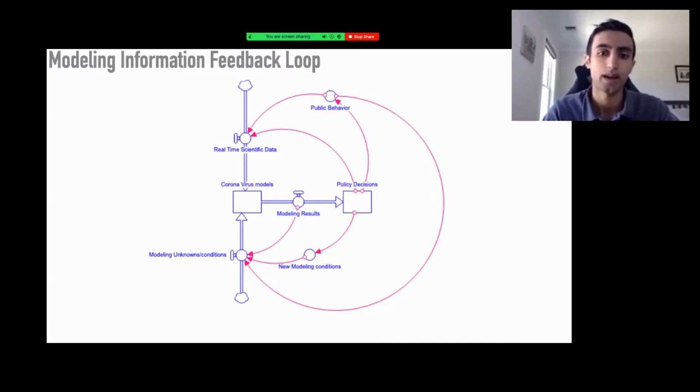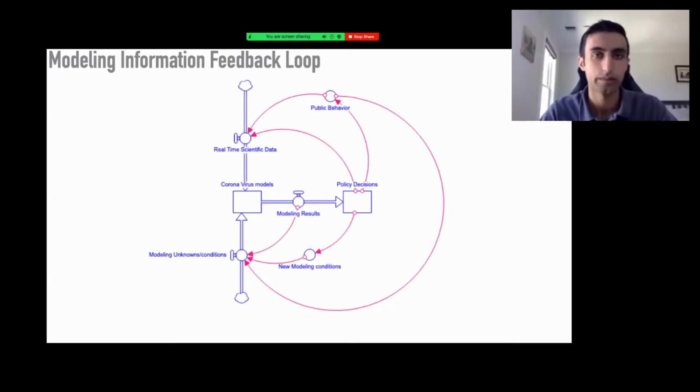Those policy decisions create new public behavior, which influences real-time scientific data, which was newly becoming available in March, because prior to that it was iffy data from China. It also creates new modeling conditions that the models have to take into account and redo their results. So their results now change because everyone's in quarantine and everyone's acting differently.